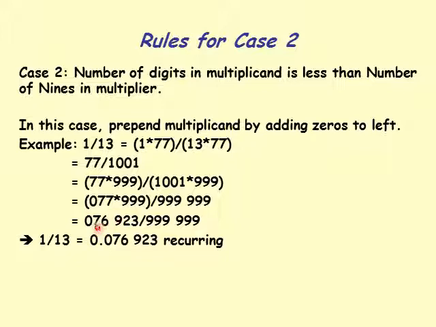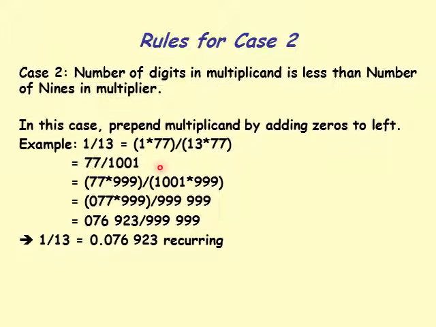So this is a common fraction for a recurring number. The recurring number is 0.076923. That means 1 over 13 is equal to 0.076923 recurring. We just computed the recurring number equivalent of 1 over 13.